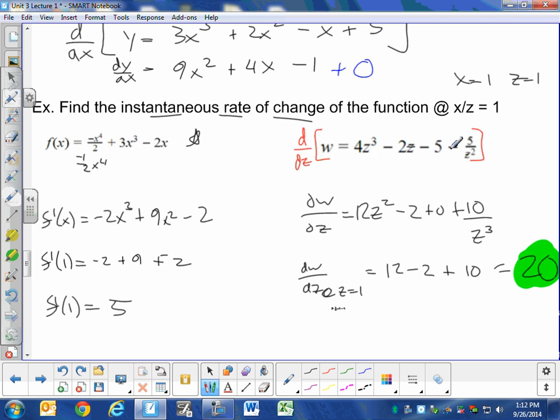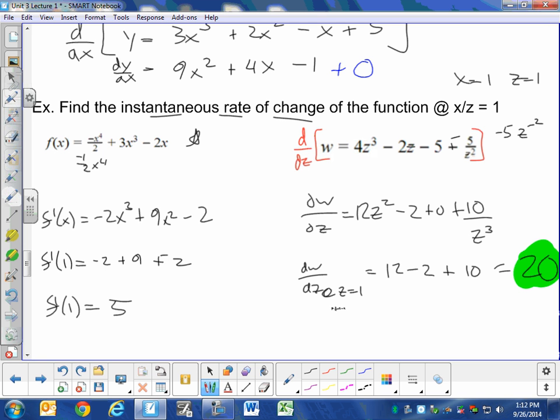The derivative of negative 5 over z squared, I'd write it as negative 5 times z to the negative second. That would turn into a positive 10 over z cubed, or positive 10 times z to the negative third. The derivative of 5 is 0. You could put a plus 0 there just to make sure you know.